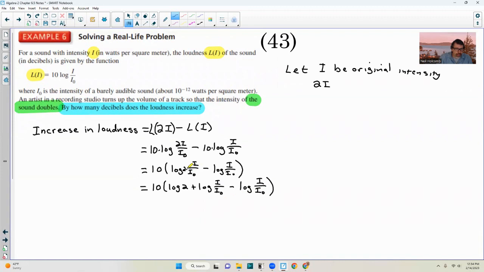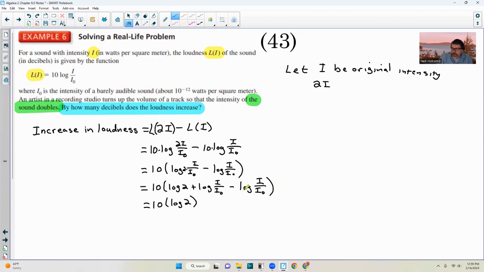I just used the product rule because there was multiplication here, and we switched it to log of 2 plus log of I over I naught. Now look what's going to happen here. I have the log of I over I naught minus the log of I over I naught. Anything minus itself is 0. And that's going to simplify to 10 times the log of 2, and this is all gone.